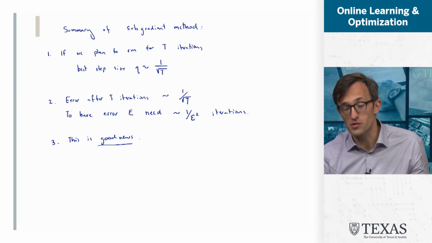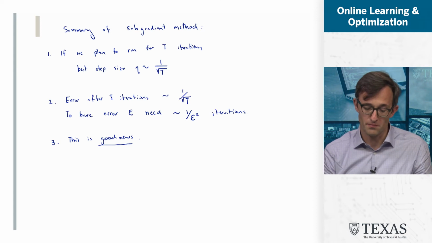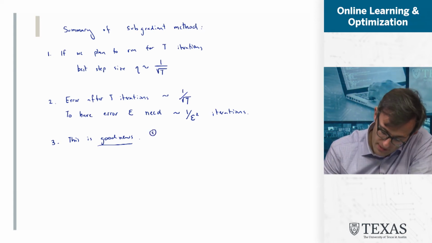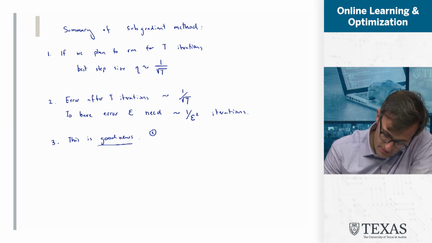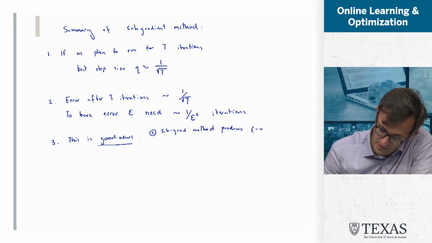And that's going to 0. So this is basically telling us that the subgradient method is going to find the optimal solution. For starters, the subgradient method produces an epsilon optimal solution.